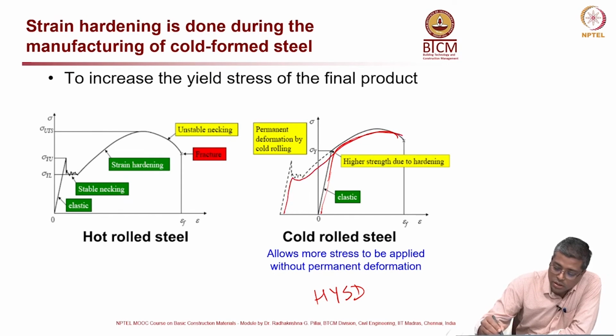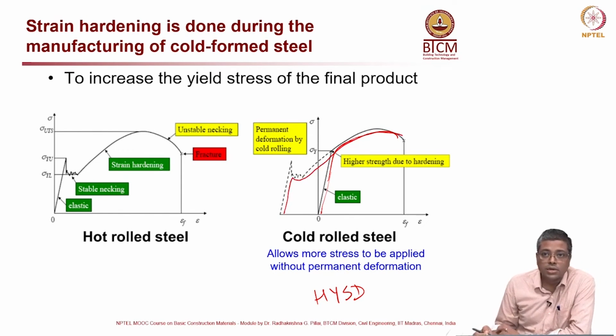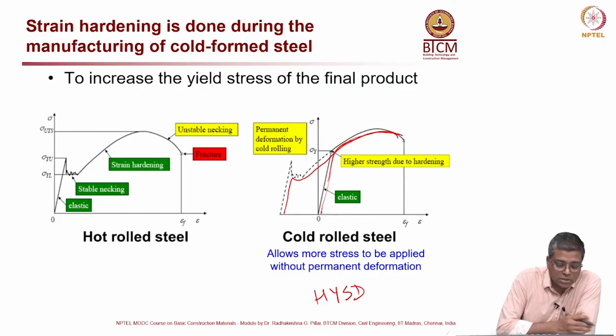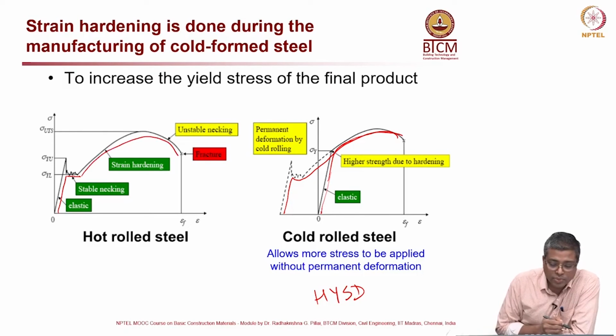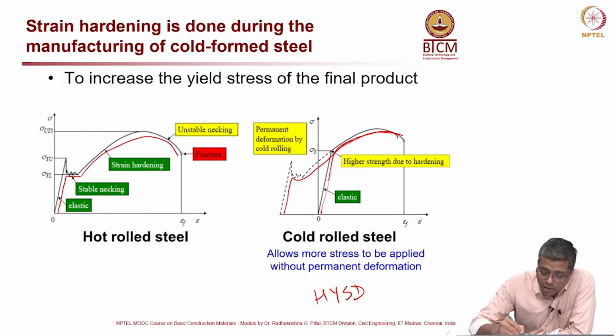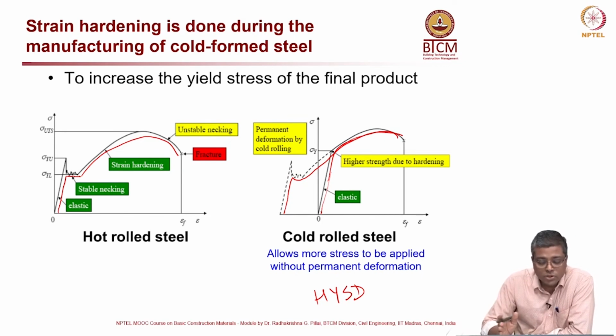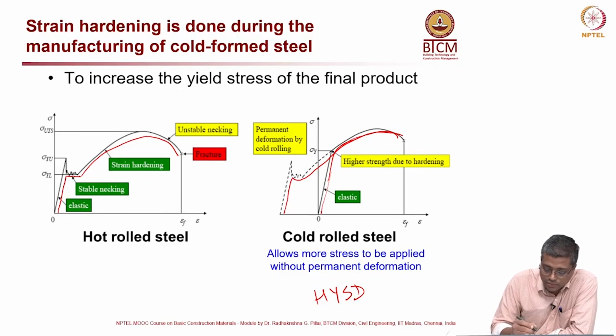This is the original curve, the dashed portion on the second sketch. The first sketch shows the elastic region, then stable necking, and then the strain hardening happens. In the second one, you are actually translating the graph to the left side.